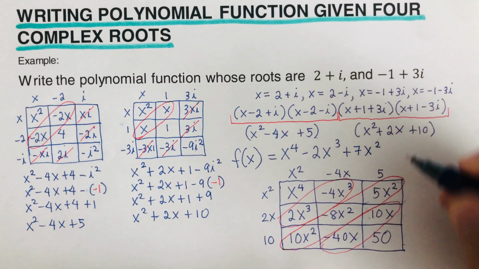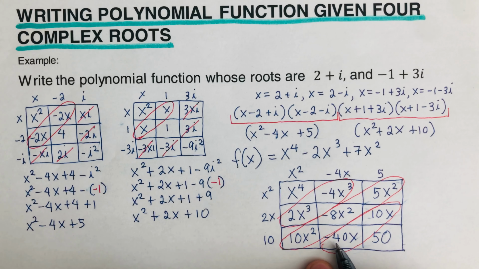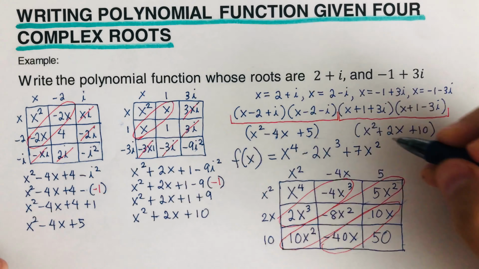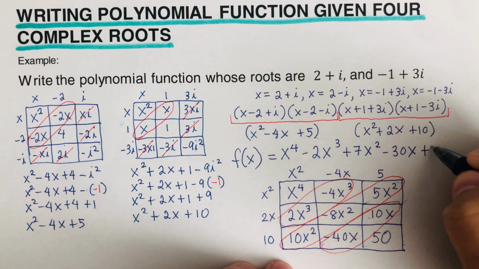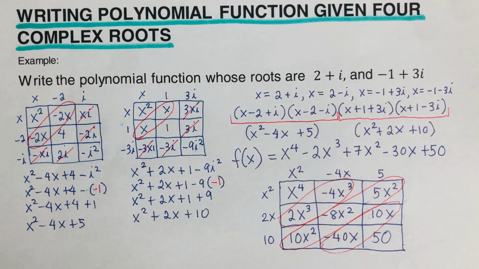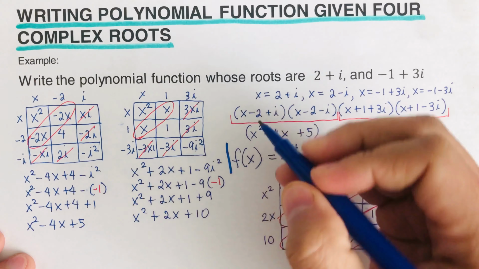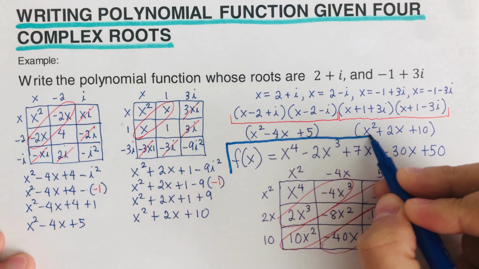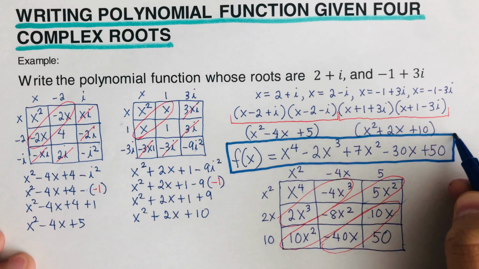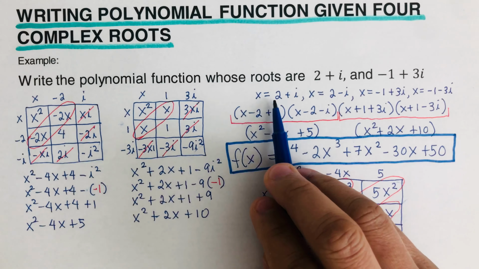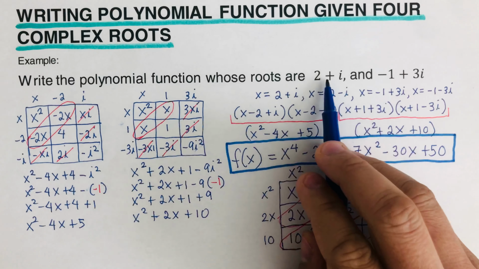And this is negative 40x plus 10x, which is a negative 30x. And then we have a plus 50. So this is the polynomial function that has 4 complex roots, and the roots of this polynomial function are these right here.